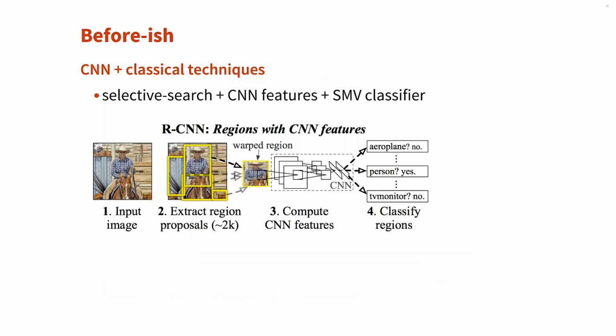So one of the first of these steps is this RCNN net that basically uses a standard region proposal with selective search, what I showed before.